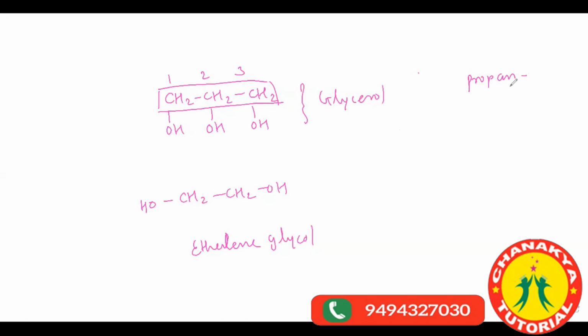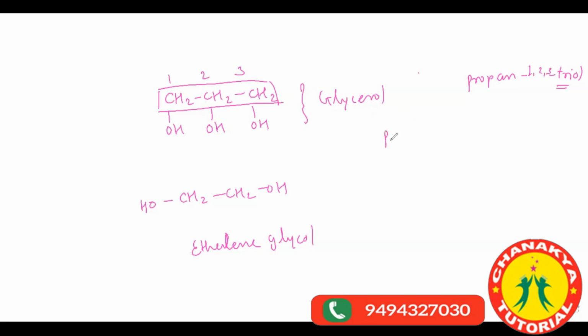But here we have how many OH groups? 3 OH groups, right? So we cannot write just OL. That will be triol. But the positions need to be mentioned for this triol, right? 1, 2, and 3. So propane-1,2,3-triol. This would be the name for this compound.